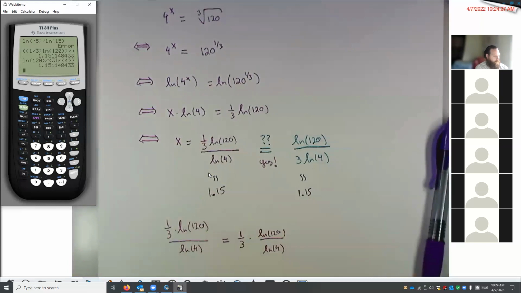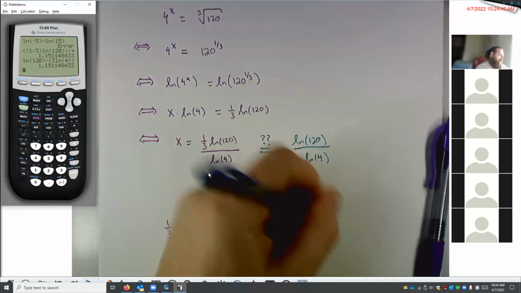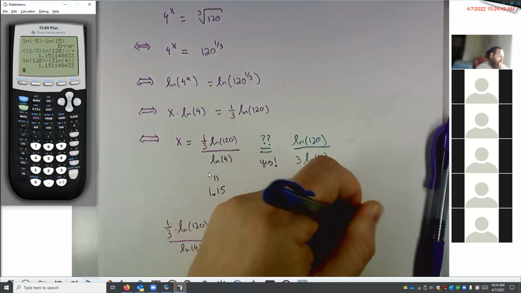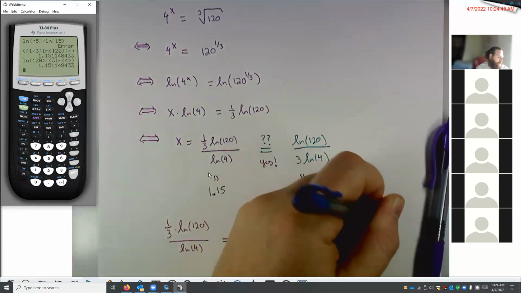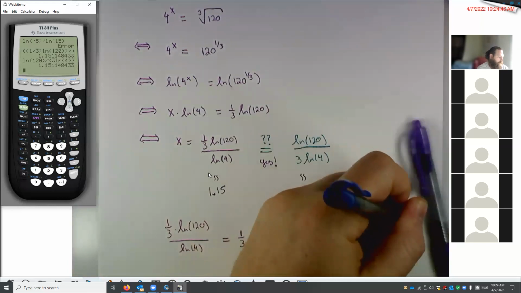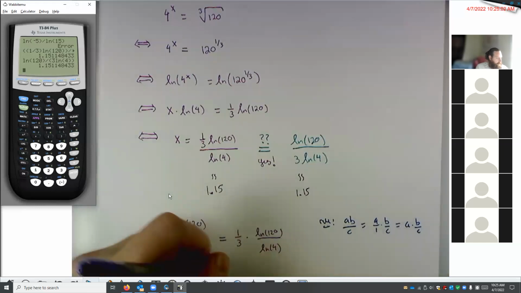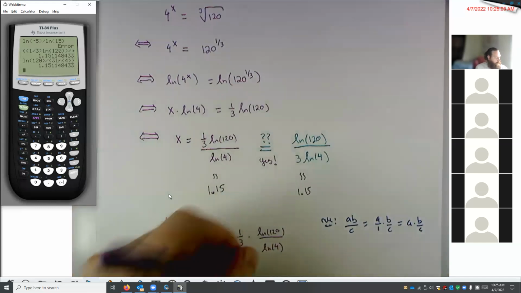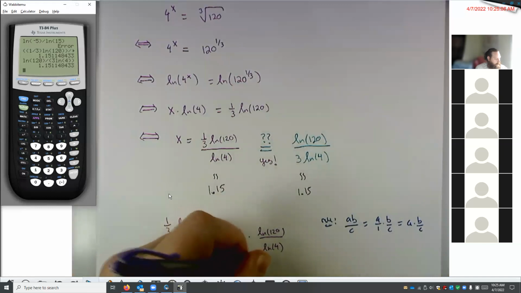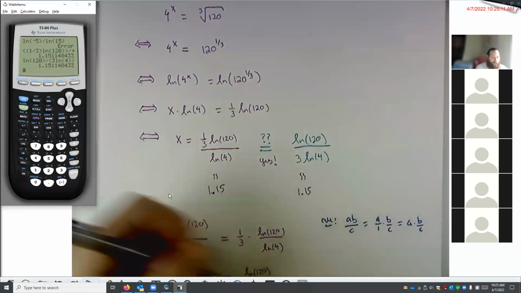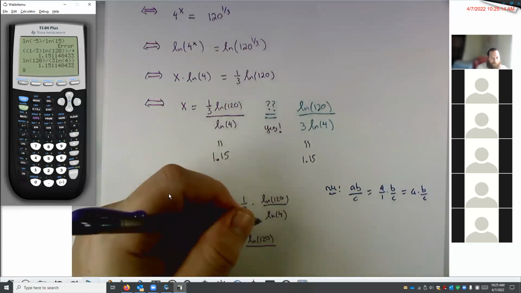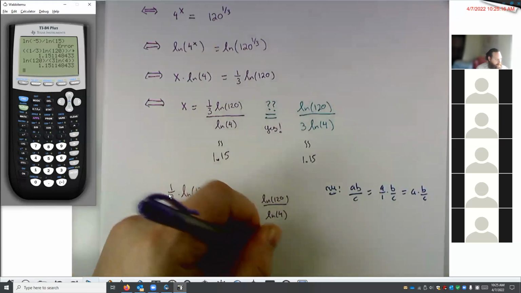The rule we're using is that A times B over C is the same as A over 1 times B over C, which is the same as A times B over C. Here A is the number 1/3, B is the natural log of 120, and C is the natural log of 4. From here, we are multiplying two fractions, so we can multiply straight across. 1 times the natural log of 120 is just the natural log of 120, and 3 times the natural log of 4 is 3 ln 4.